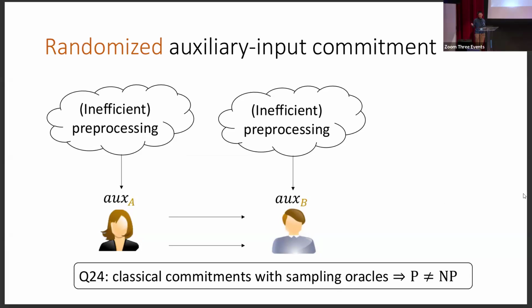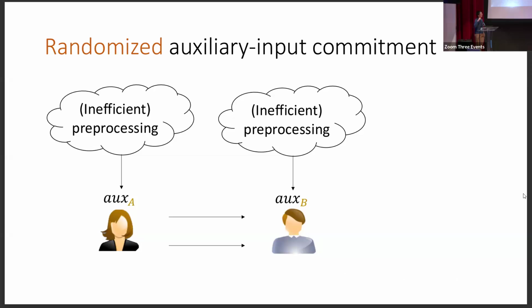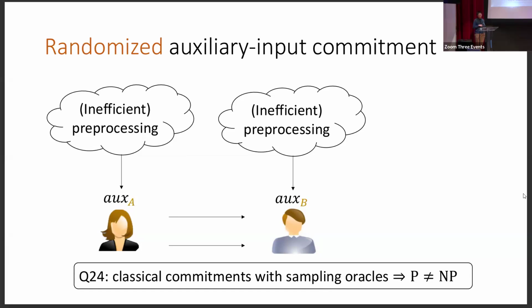In particular, everyone can receive a potentially different auxiliary input after the preprocessing, but they are not allowed to communicate. In my work, I prove an improved impossibility showing that even in this setting, constructing a classical commitment would imply P not equal NP. So it seems difficult to dequantize this quantum auxiliary input commitment, and there seems to be something truly quantum going on.